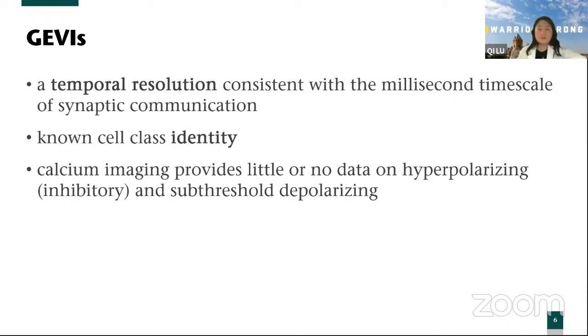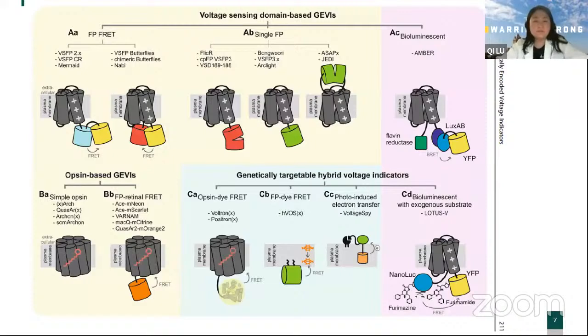Calcium imaging provides little or no data on hyperpolarization and subthreshold depolarization, whereas some GEVIs, especially those embedded in the membrane, can sense subthreshold depolarization, which we'll talk about later.